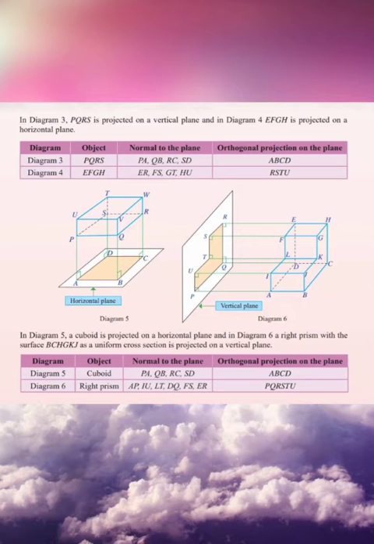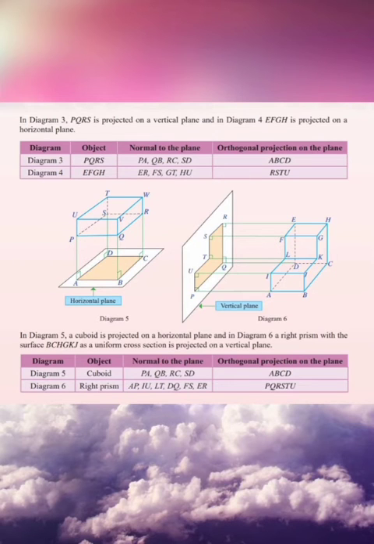For the next example, look at diagram 5 and diagram 6. Both diagrams are orthogonal projections of a three-dimensional object. In diagram 5, a cuboid is projected on a horizontal plane, and in diagram 6, a right prism with the surface BCHGKJ as a uniform cross-section is projected on a vertical plane. In diagram 5, the object is a cuboid, and the normals to the plane of the object are PA, QB, RC, and SD.